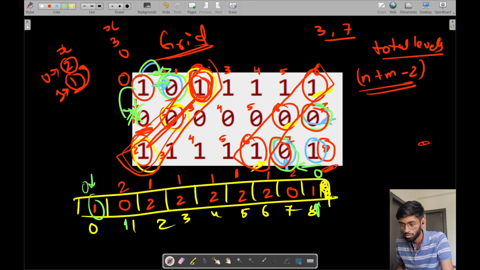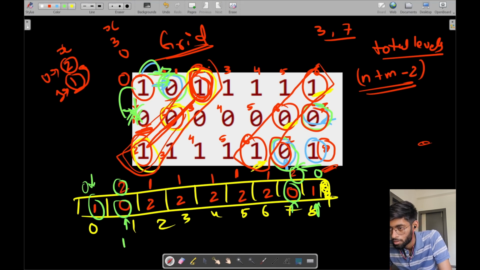Similarly on level 2, two zeros are there and one zero is there, so no, it's not possible. So we have to just increment our answer by 1 here, because this is 0 0 0 0. Here nothing will be required because all the elements are equal.